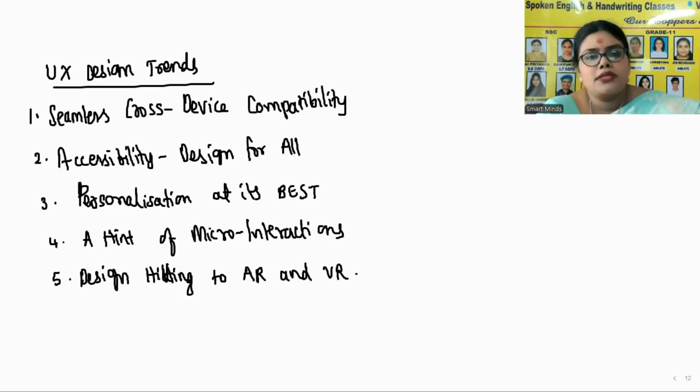Then number four is a hint of micro interactions. So not expecting to go all mad over micro interaction, but to increase reasons other than emotional design and UI joy. Micro interactions will continue to be the focus of UX. It would be an effort to improve the quality of human computer interaction.